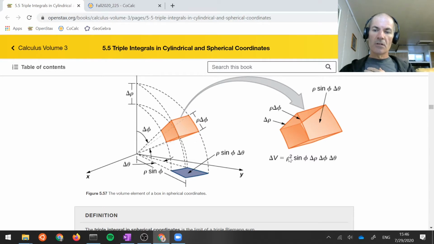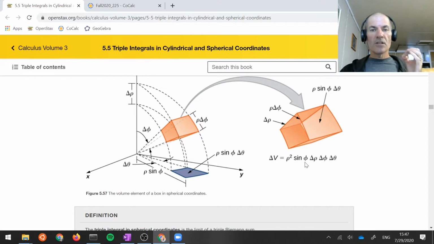As rho goes to 0, rho squared goes to 0, and that's telling you that this volume shrinks to 0 as I get close to the origin. A little more subtly, phi. When phi is near 0, this little volume chunk is up here where it's getting pinched together at the North Pole. That corresponds to phi equals 0.